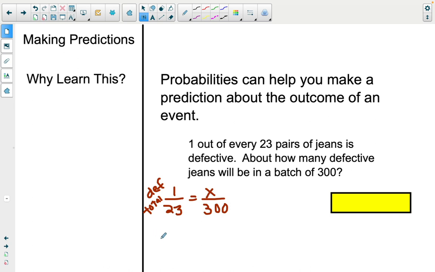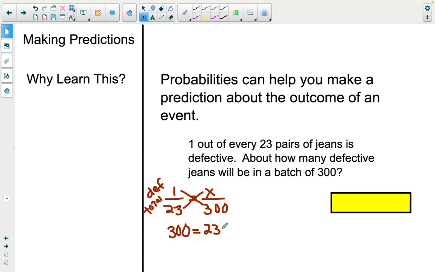If you remember back when we did rates and ratios, cross products, this times this has to equal this times this. So 1 times 300, that's 300. I could write 1 times 300, but we know that's 300. That will have to equal 23x. 23 times x, which is 23x.